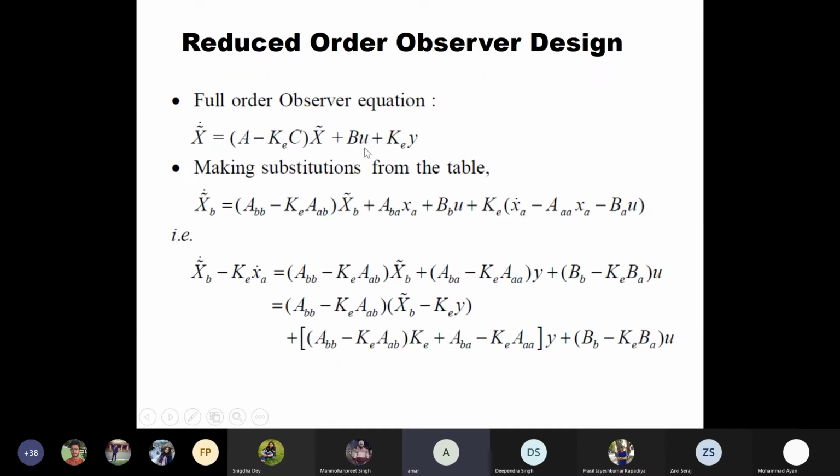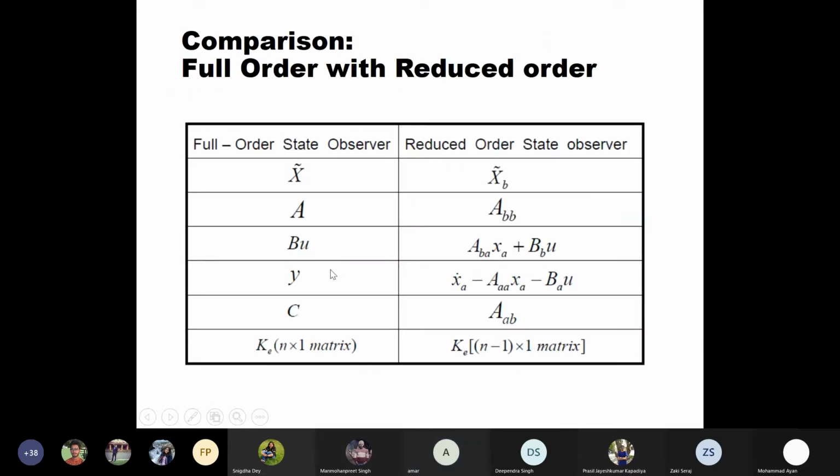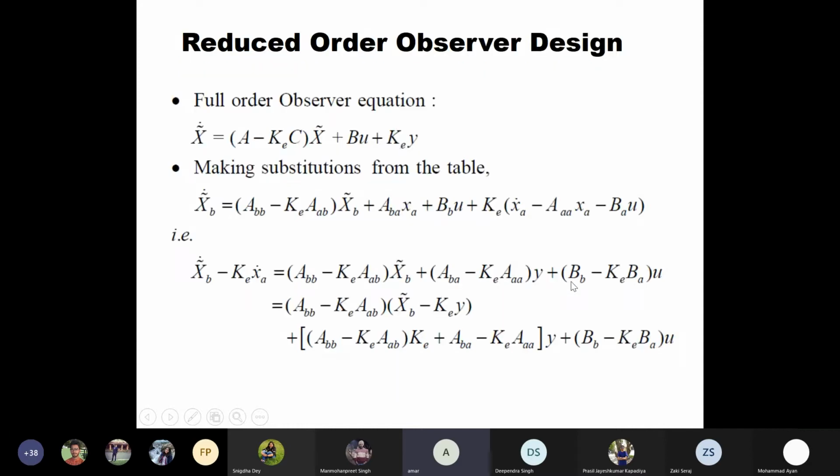So the B u will be substituted by this term multiplied by K_e, and y will be substituted by x_a dot minus A_aa x_a minus B_a u. So y will be substituted by these expressions.